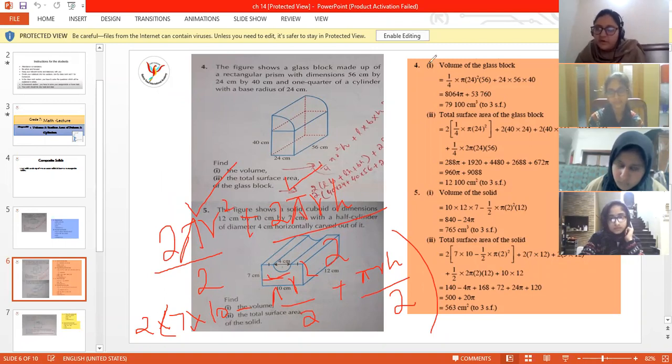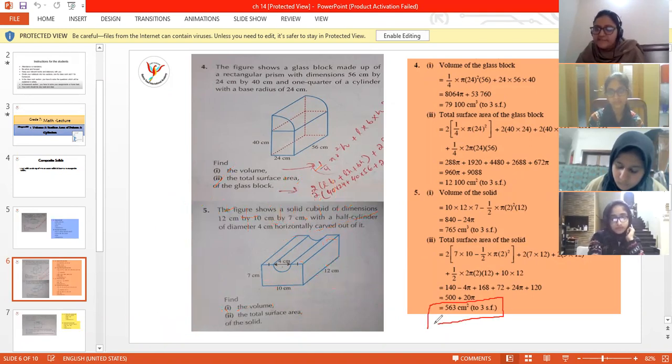By solving it out, you will come to know the answer is 563 centimeters square. The answer is 563 centimeters square. Now, if you have any question related to question number 5, then please raise your hands. Anyone?